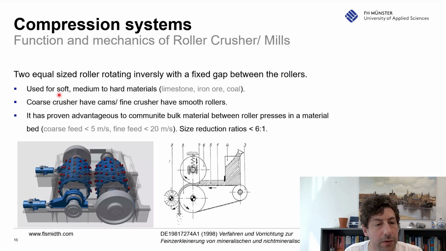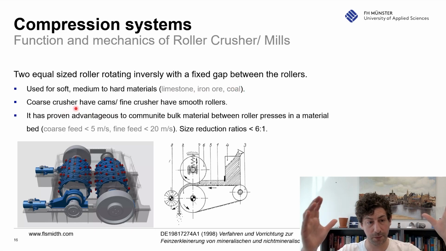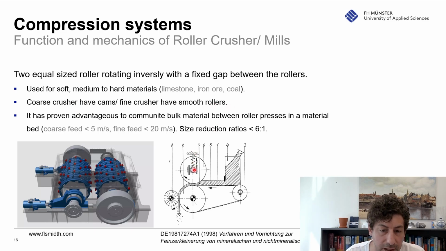And this is used for soft, medium, also hard materials. So we have limestone, iron ore, coal. And the coarse crusher for large materials has cams. Fine crushers have smooth rollers. But here it's also written, it has proven advantage to comminute bulk materials between roller presses in a material bed.